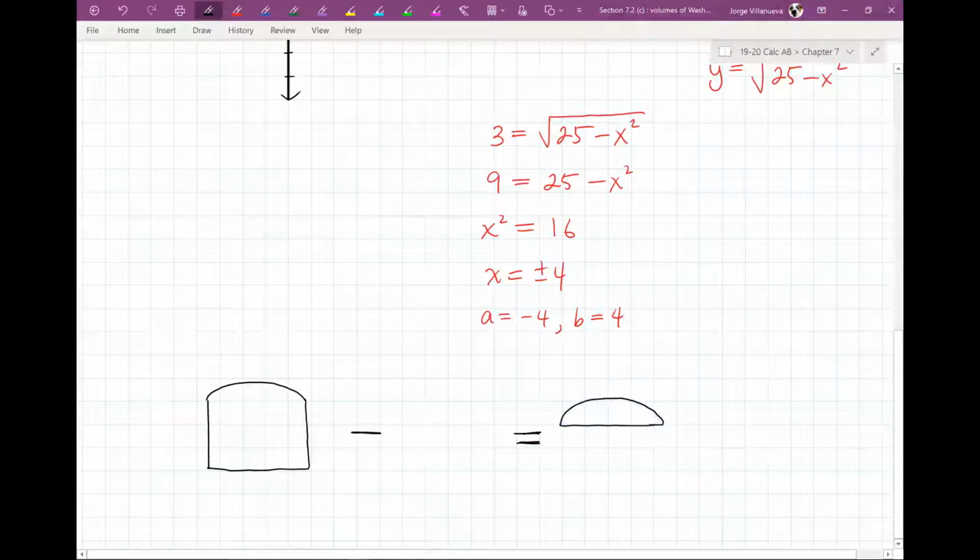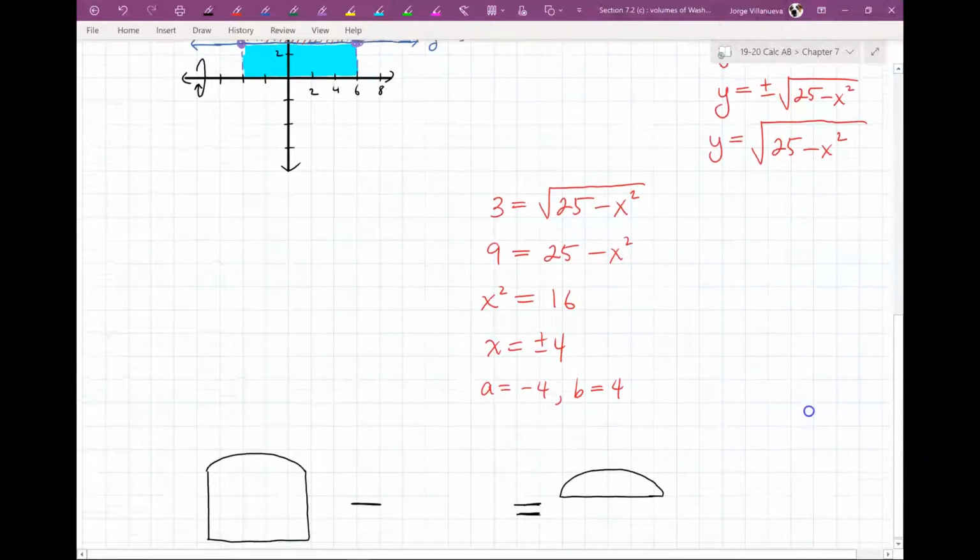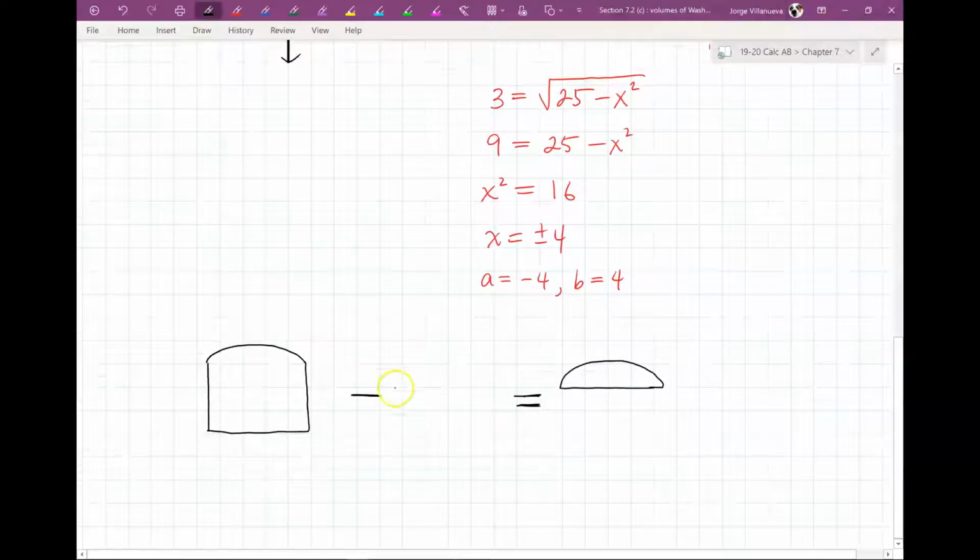What do I subtract from it? What do I get rid of? Yeah, the rectangle, this piece right here. I want to get rid of that rectangular shape. So let's draw that out. So a rectangular shape. And that gives me the piece I want.